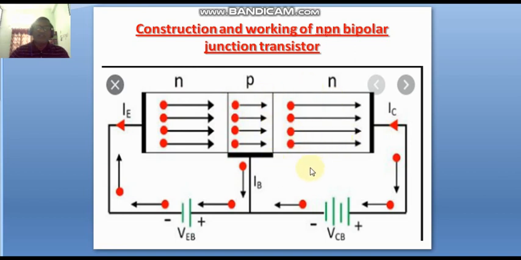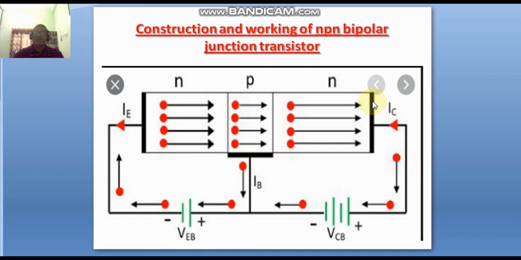If you take the construction part here, N is emitter, P is base, N is collector. Emitter N is connected to the negative terminal and P base is connected to the positive terminal. Therefore, this represents the forward bias. Always input is in forward bias.